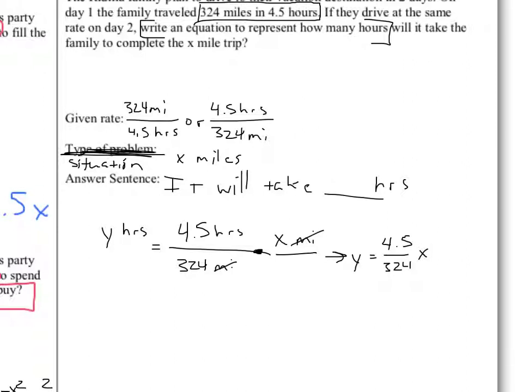Or I could write it as y is equal to 4.5x over 324, because that's top times top, bottom times bottom. We know that these are the same thing. Are there any questions? Yes, Isaac.